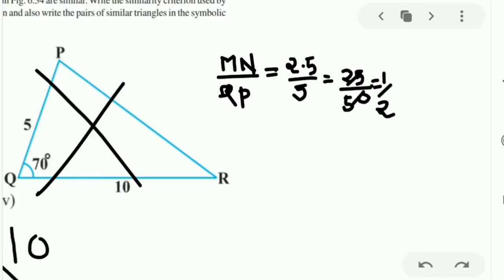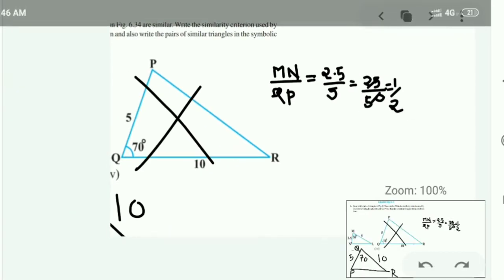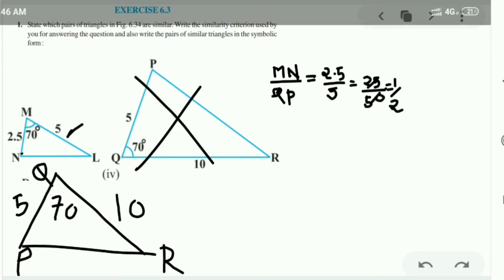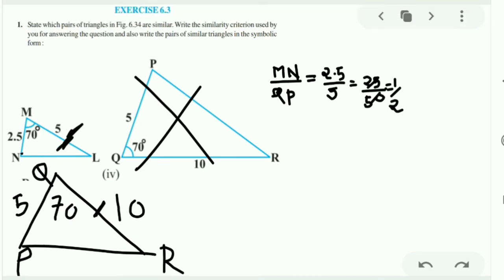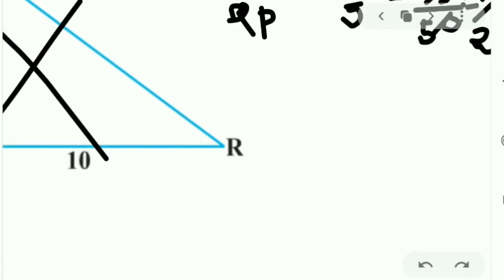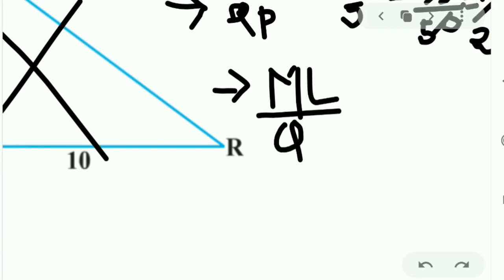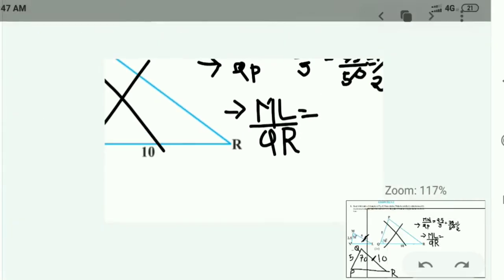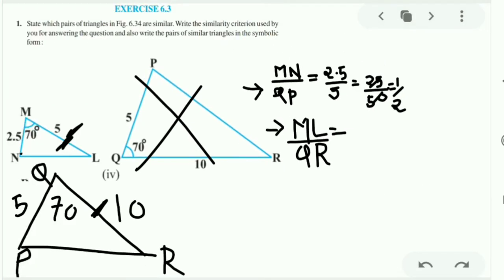So here we compared the first ratio. Now if we are comparing the second side, ML upon QR, we can see ML is given as 5 and QR is given as 10.